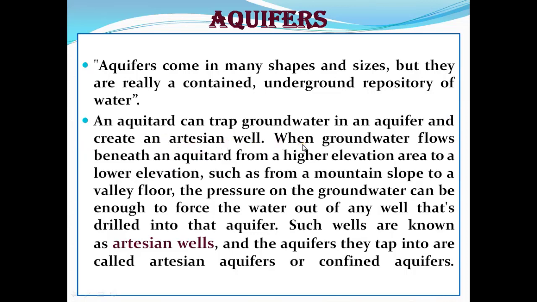When groundwater flows beneath the aquifer from a higher elevation to a lower elevation, such as from a mountain slope to a valley floor, the pressure on the groundwater can be enough to force the water out of any well that's drilled into that aquifer. Such wells are known as artesian wells, and the aquifers they tap into are called artesian aquifers or confined aquifers.